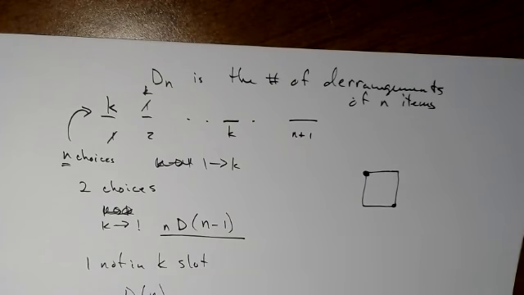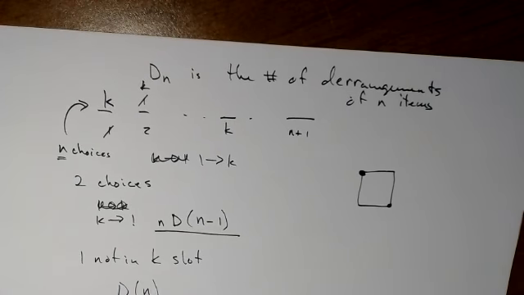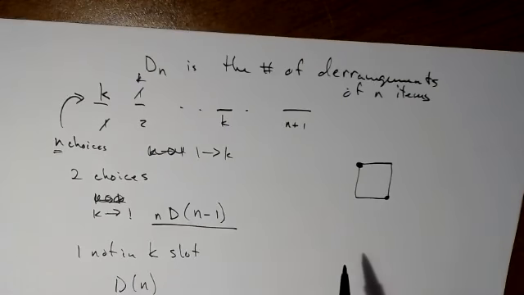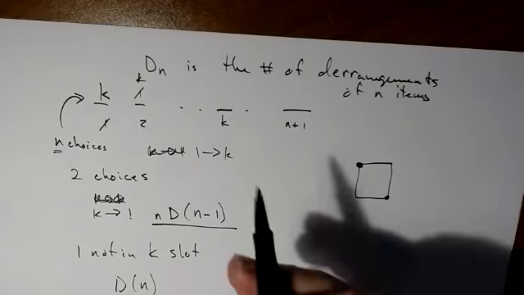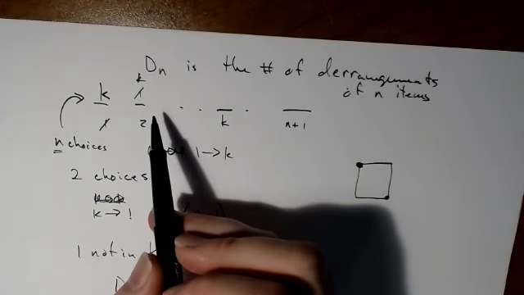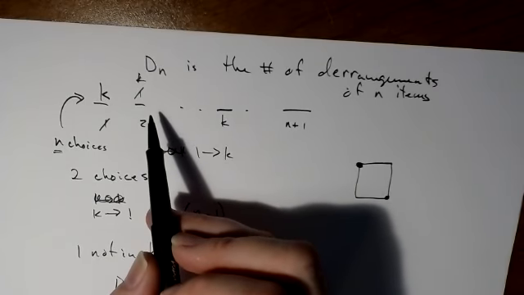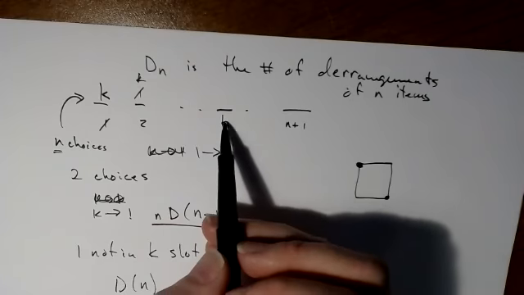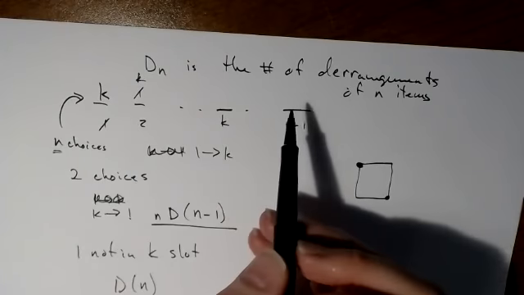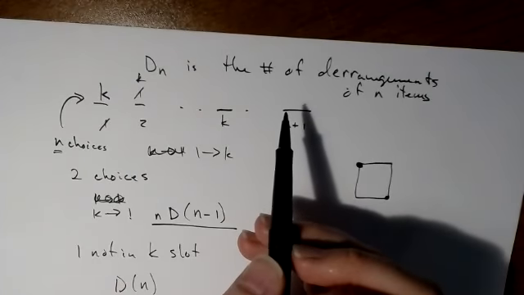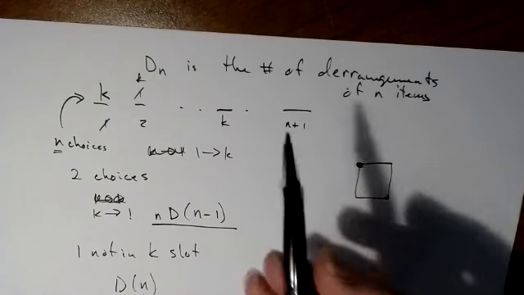I'm not saying that right. It doesn't really matter. We could have started at dn. It makes the equation come out nicer. So let's see. The k goes here, and then the 1 has to go somewhere else. Oh, I know what it is.